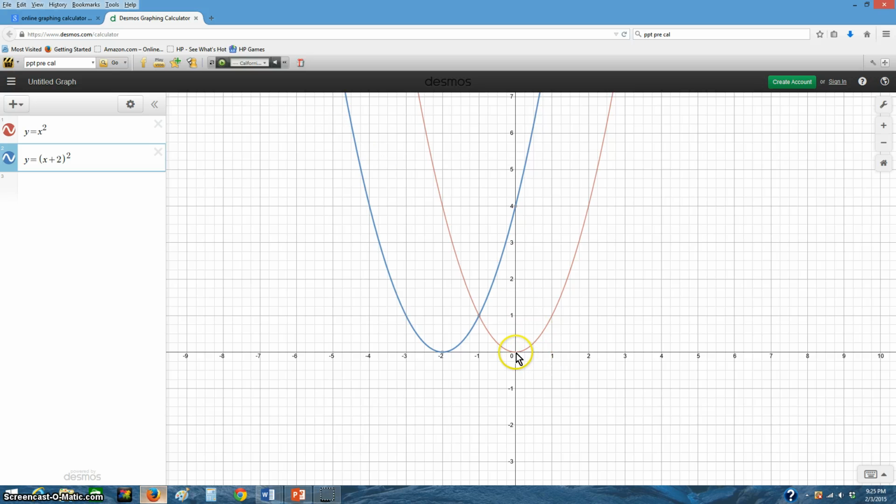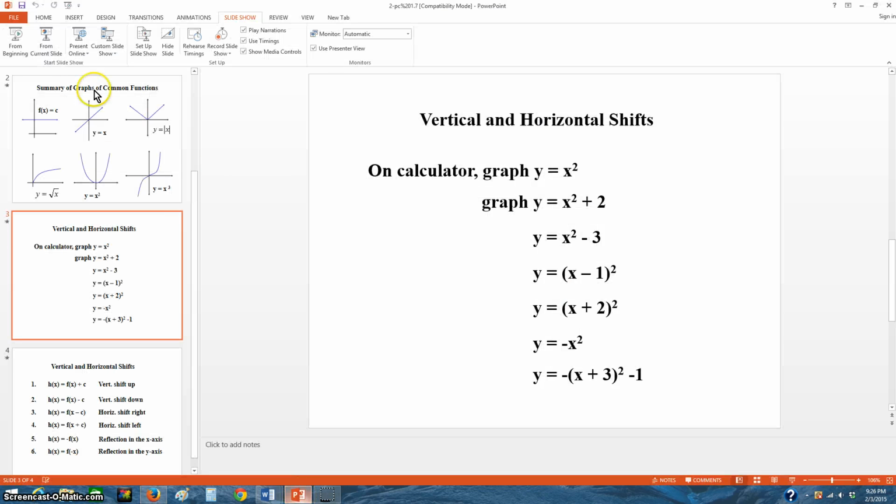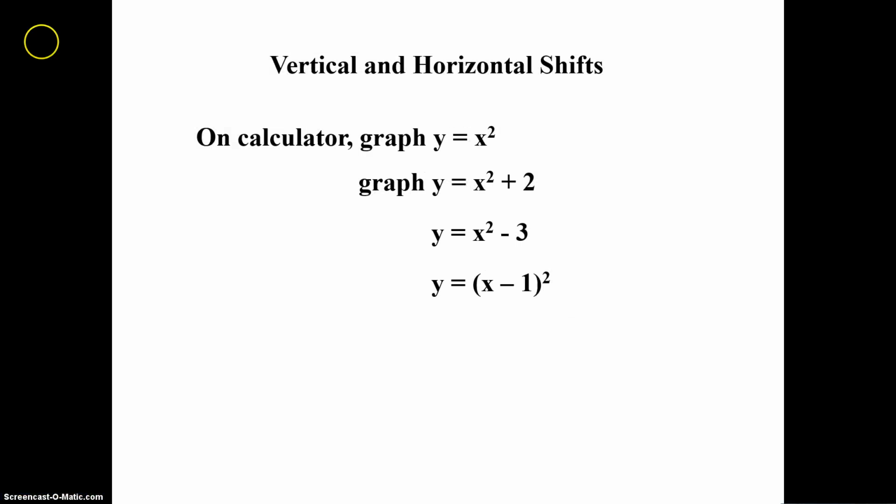So in relation to my parent function, what has happened? It has shifted it 2 units towards the left. So we make a note that for a function that looks like this, it moves the parent function 2 units to the left.